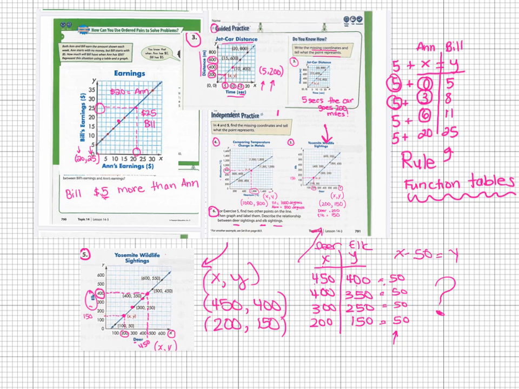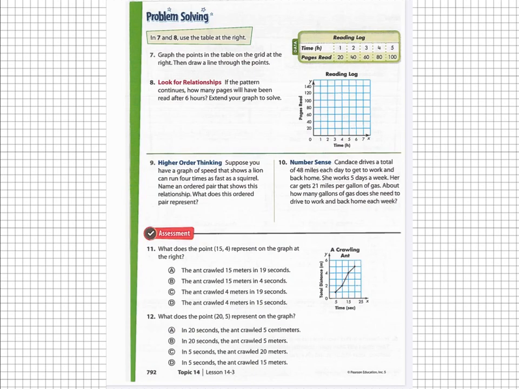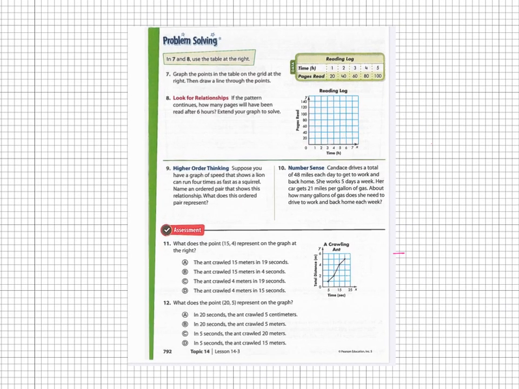All right, I want to talk to you about your practice really quick. Your practice is here. This is your problem solving practice. It's on page 792. And you are going to do problem 7, 8. You may skip these two problems, and then I would like you to be able to solve 11 and 12.